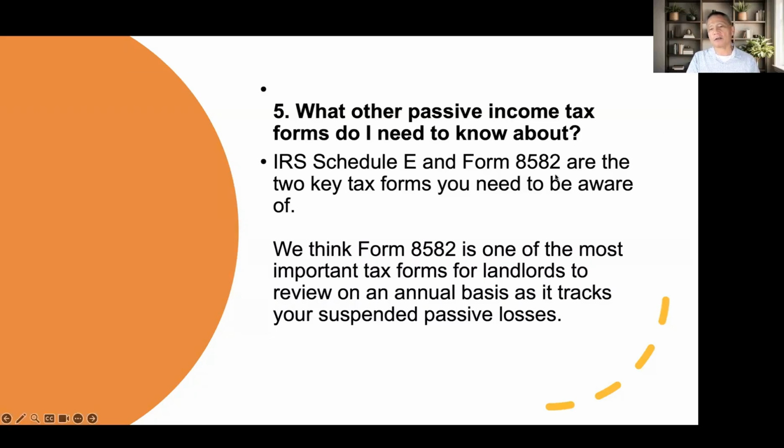Form 8582 will document your carry forward of passive losses from one year to the other, so everybody can keep track, year by year, of passive or suspended passive losses against other passive income you may have. Does that make sense? We think Form 8582 is one of the most important tax forms for landlords to review on an annual basis, as it tracks your suspended passive losses.